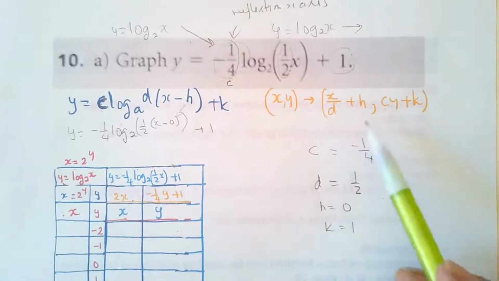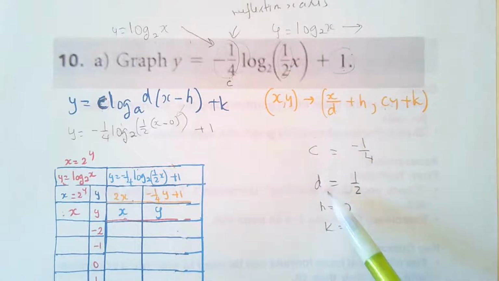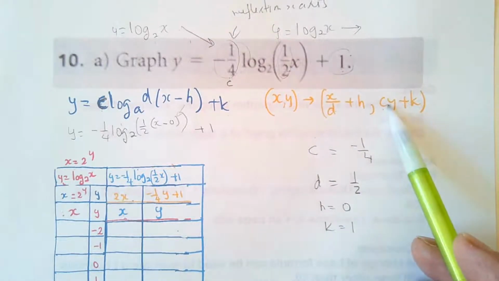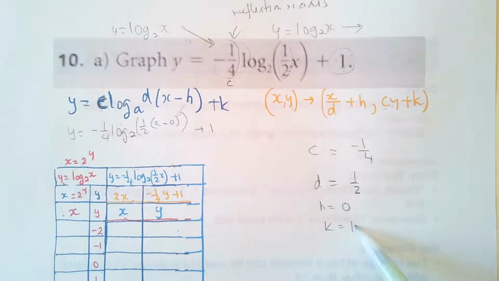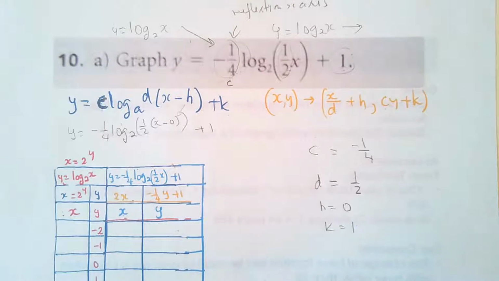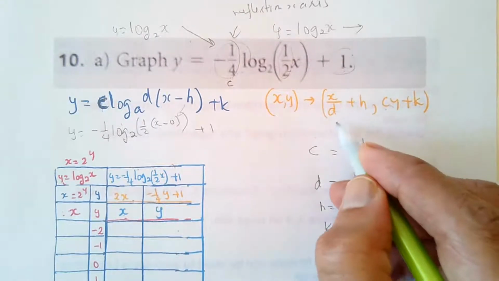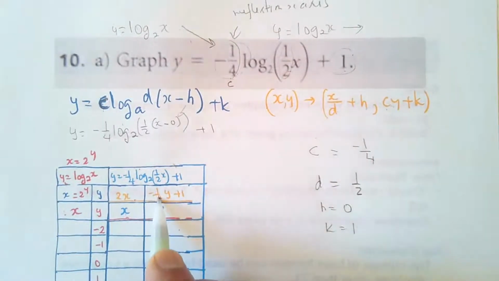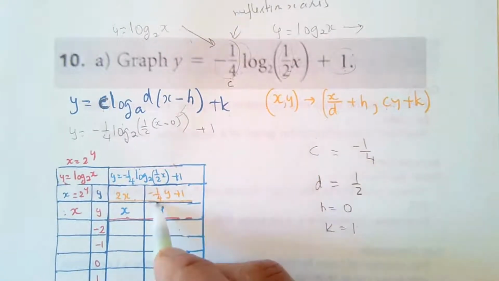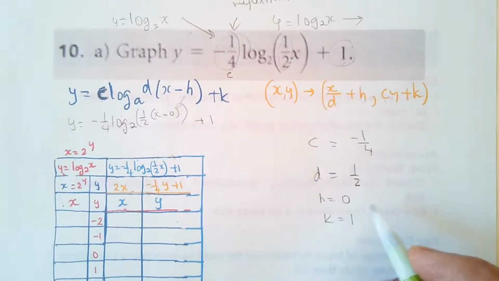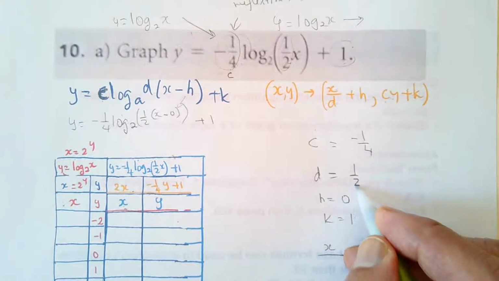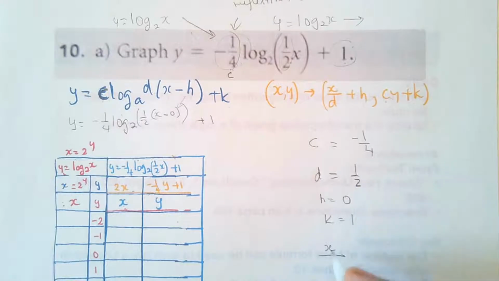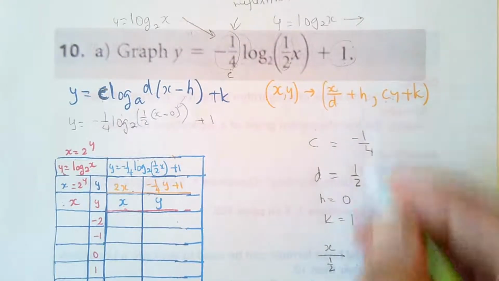So if we place d as a half, c as negative 1/4, k as 1, and h as 0 in our transformation, we end up with this. I wrote it down already, but let me show you how I got this. We have x over d, and x over d is x over a half, plus 0.